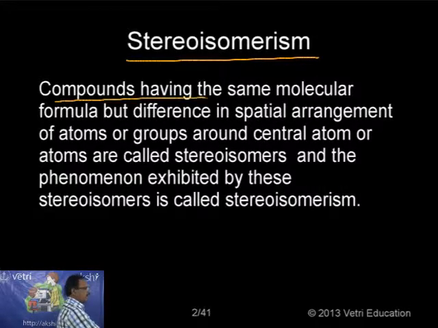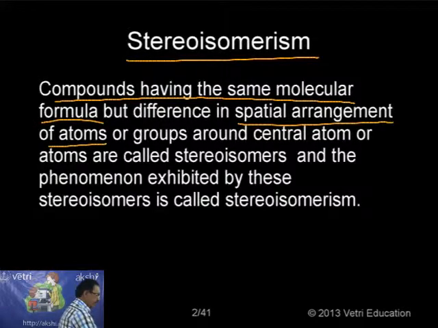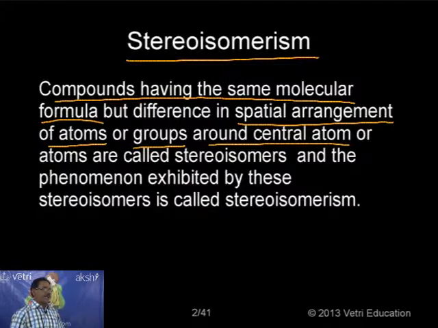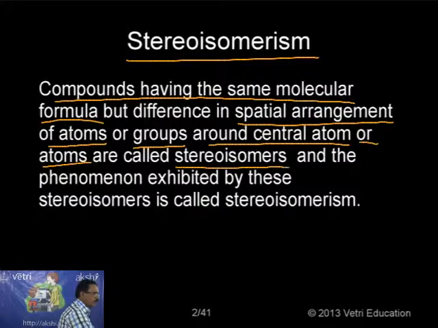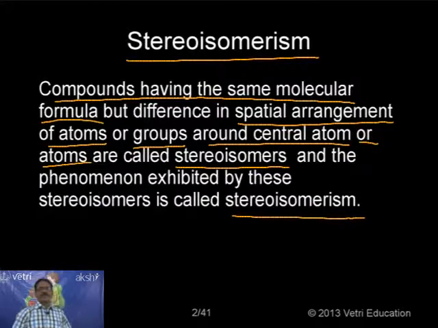Compounds having same molecular formula but difference in spatial arrangement of atoms or groups around central atom. Kindly remember, around the central atom or atoms, they are called stereoisomers, and the phenomenon exhibited by these stereoisomers is called stereoisomerism.